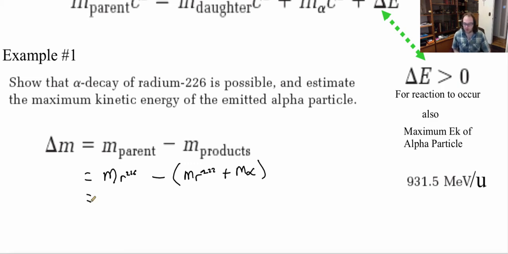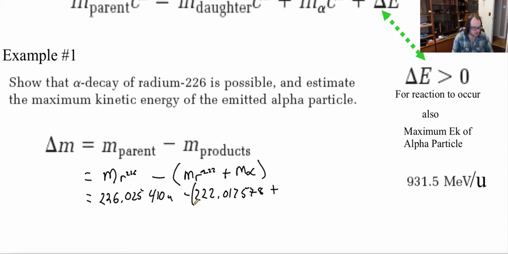I know my mass of radium-226 is 226.025410 atomic mass units. Then we want to subtract my radon-222, which is 222.017570, and my mass of my alpha is 4.02603.